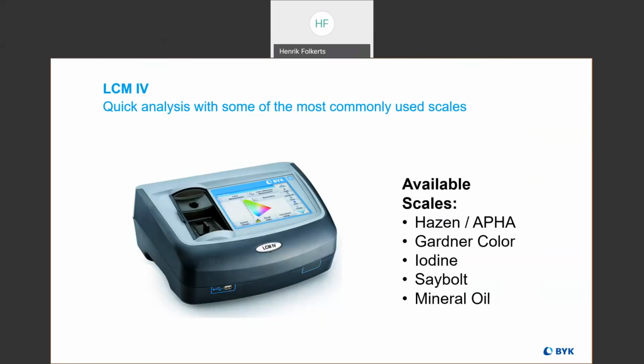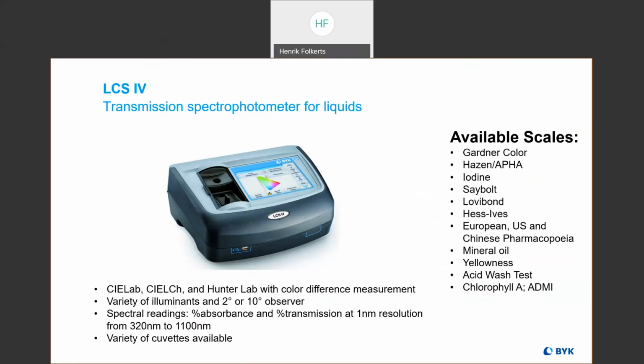So this one has a limited number of simple scales it can do, such as Gardner color. And then we also have the more robust LCS4, which can measure all the same scales with the addition of doing actual color scales, such as CIE LAB, LCH, Hunter LAB. It can use the 2 or 10 degree observer. So it's for a more complete color analysis of transparent materials.